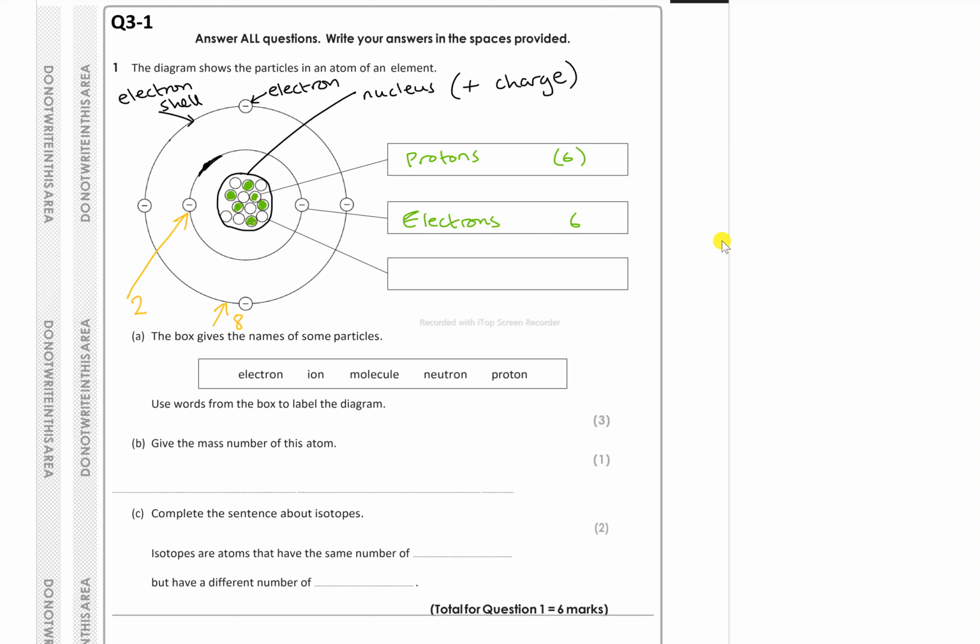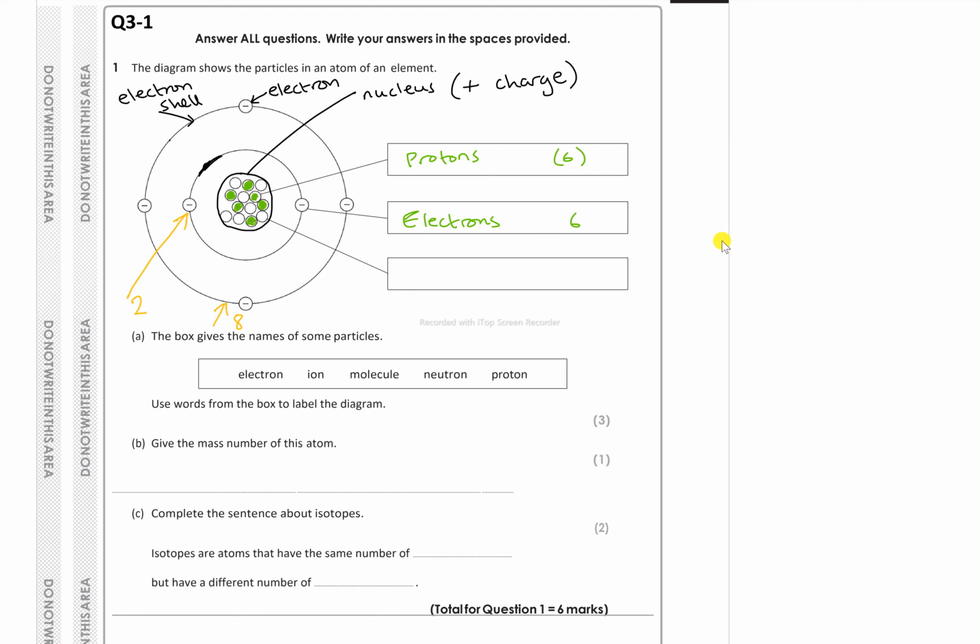And now you've got neutrons. They don't have to be the same, but in this case they are. If you look, 1, 2, 3, 4, 5, 6. Ooh, no, 7. I lied. 7. Okay, protons, electrons, and yeah, there you go.